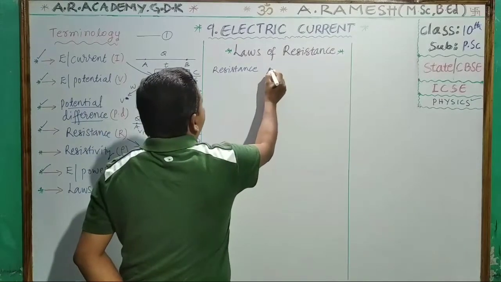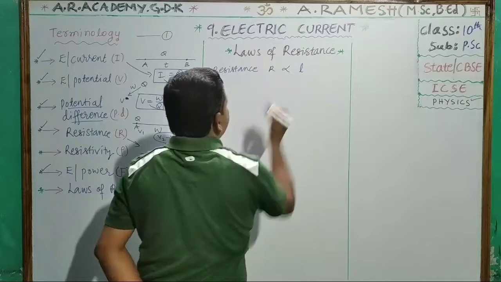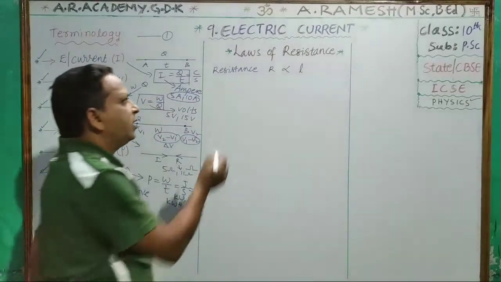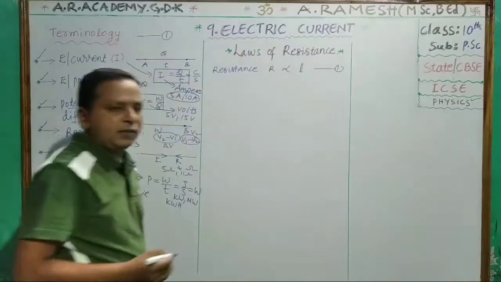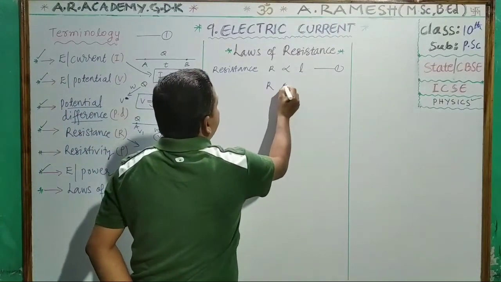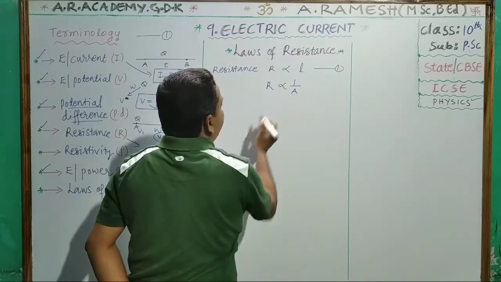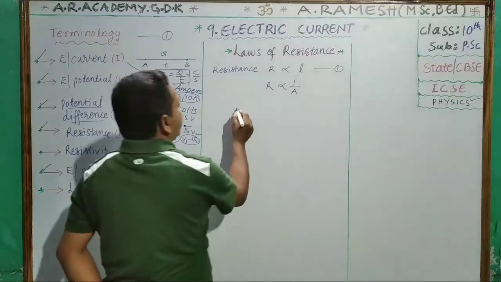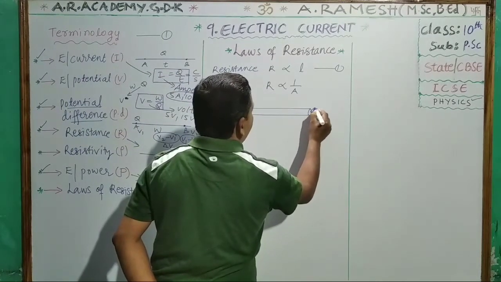Resistance R is directly proportional to the length of the wire. This is the first law of resistance. In the same way, resistance R is inversely proportional to the area of cross section of the wire. For example, this is a wire. This is its area of cross section.